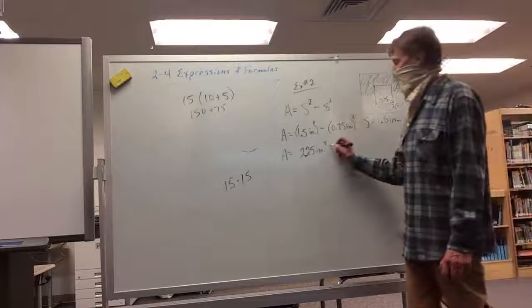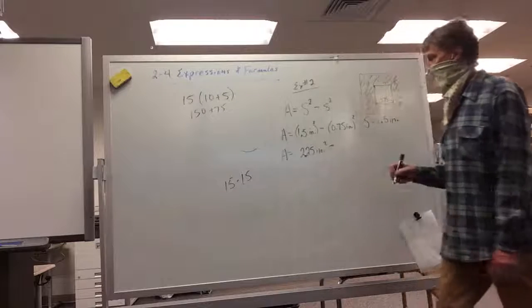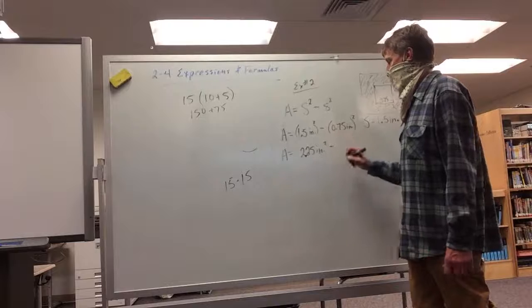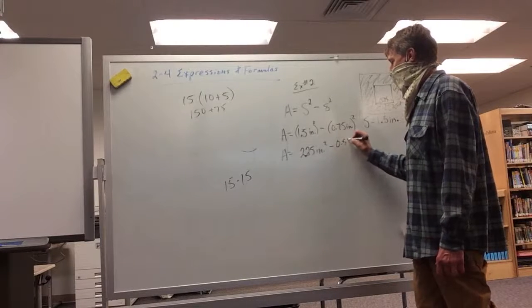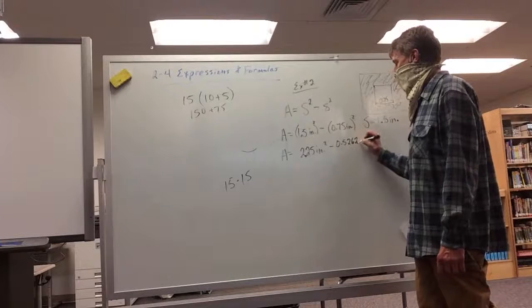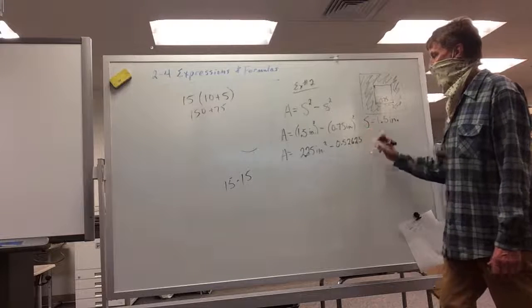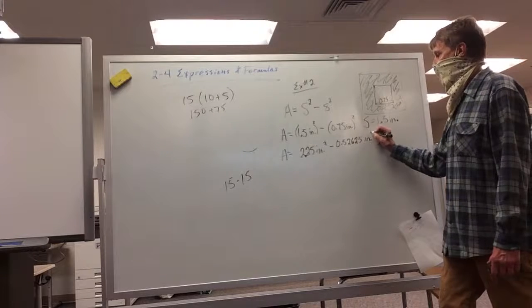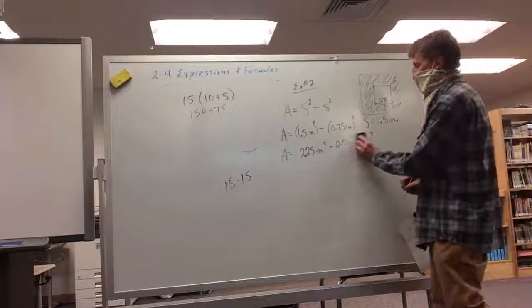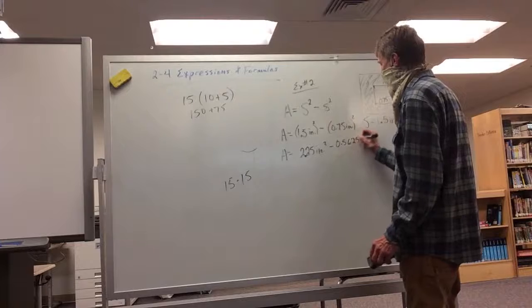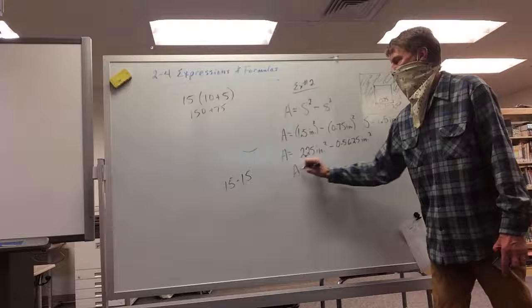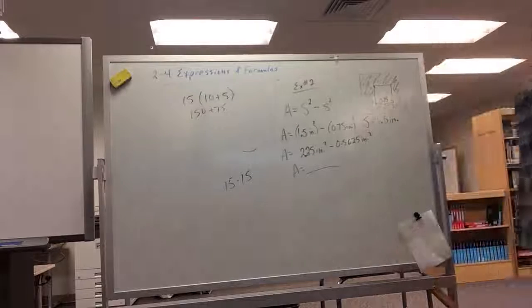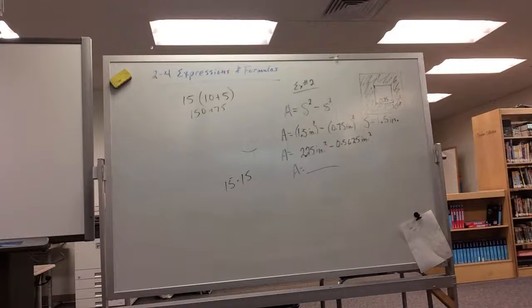What is it? 5625. Okay, thanks. So once you do that subtraction, you can do that one on your own. That's the basics of doing these.